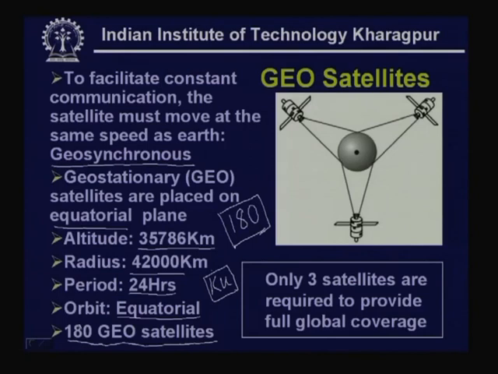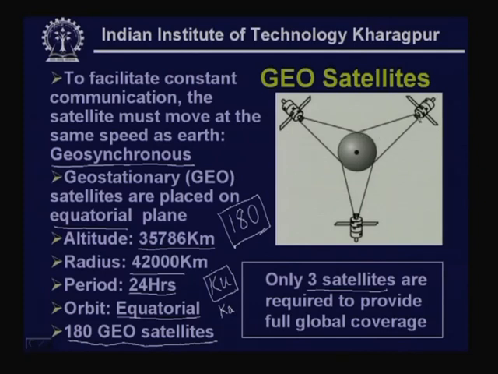But as you go for Ka band, the number of satellites can be increased. Although you can have 180 geostationary satellites, the whole globe can be covered by using only 3 satellites. As you can see, a particular satellite roughly covers 1/3 of the earth.